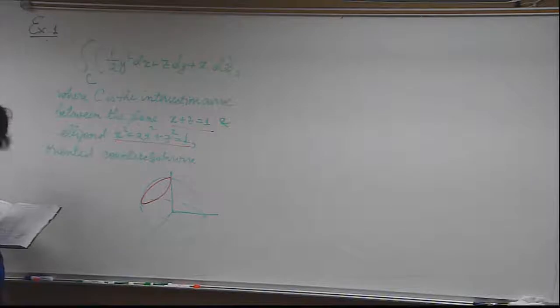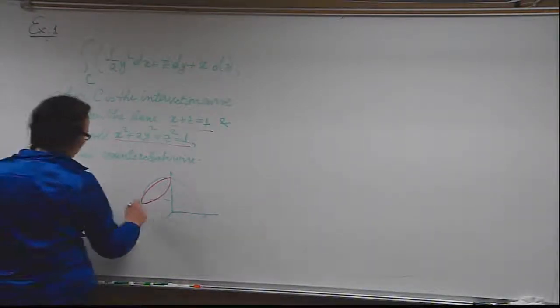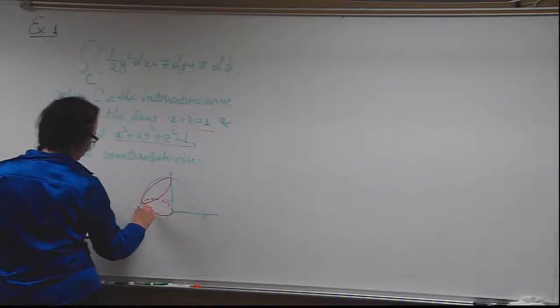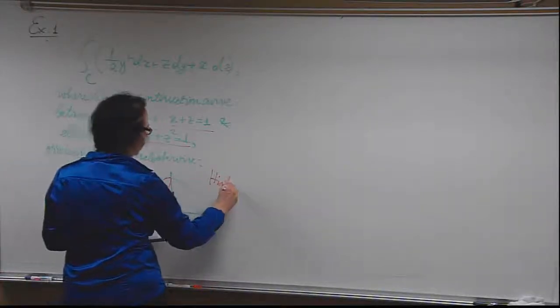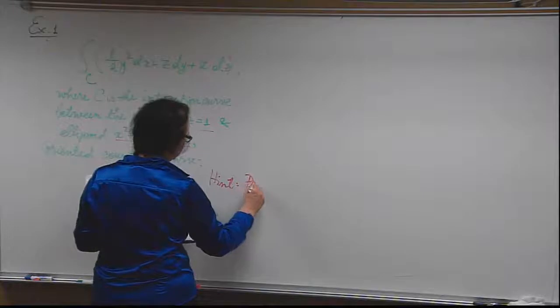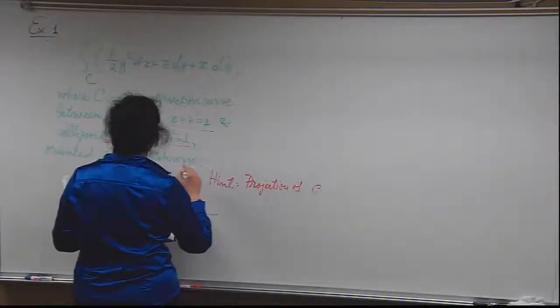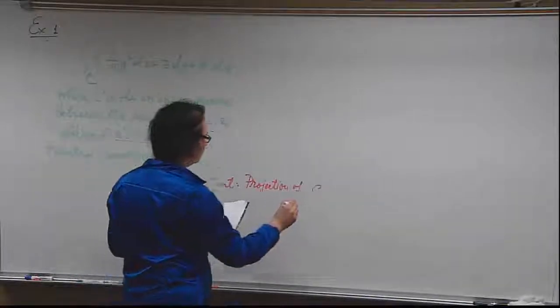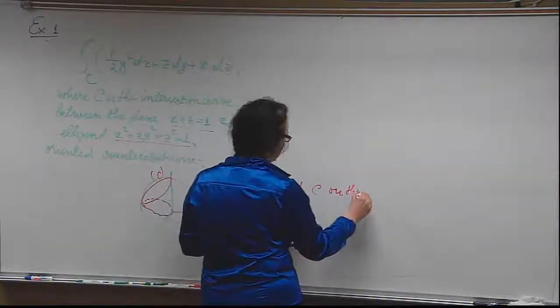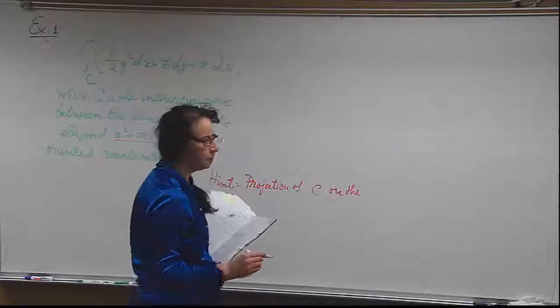And the hint of this problem, well, if you were to be given such a thing on an exam, hint would be that projection, look at the picture, the projection of the curve of intersection on the ground. Ground means the plane of the equator.